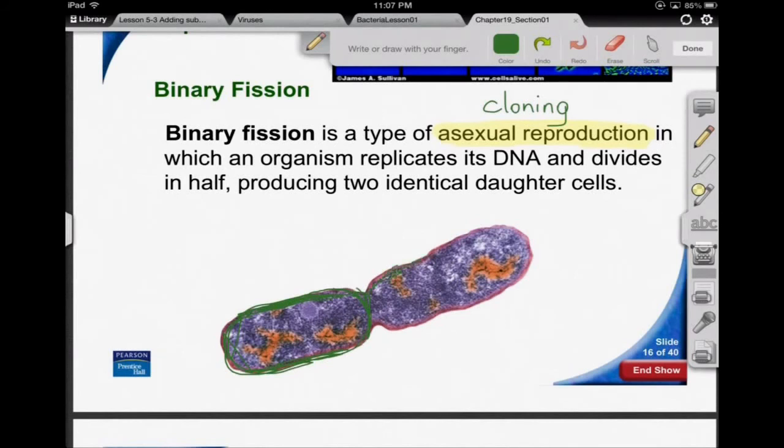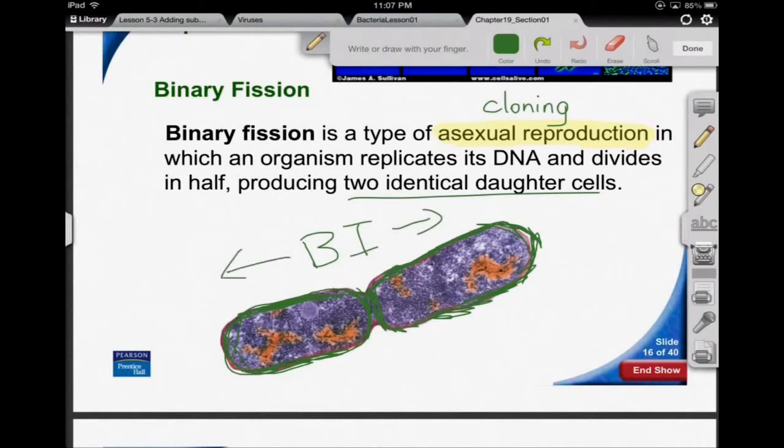So it's a quick way to reproduce, and it's just a survival strategy in nature. Helps you to take advantage of your environment. So there we go. Identical daughter cells. And we refer to this as binary fission because it splits into two. And fission means to split. And that's the great idea there.